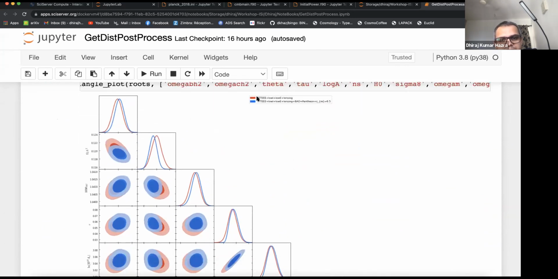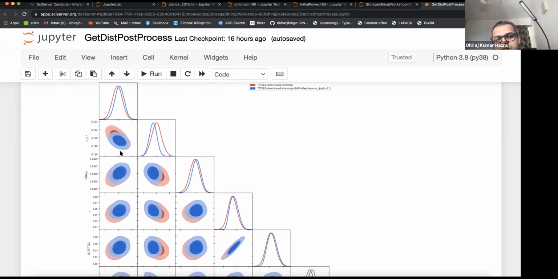As you can see, we have different types of constraints. If you have less data, TTTEE, low L, low E, lensing, just Planck data, the red are the constraints. But if you add other datasets like BAO and Pantheon, they also constrain more. For example, the Pantheon dataset will constrain omega matter a little bit, not better, but in a different direction.